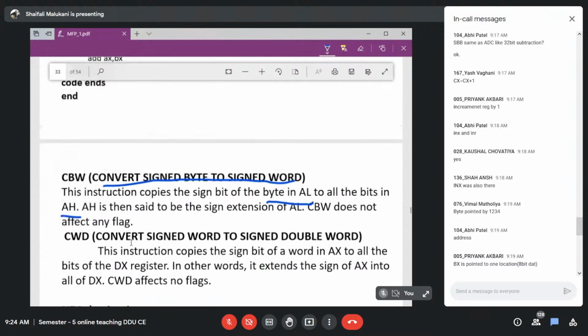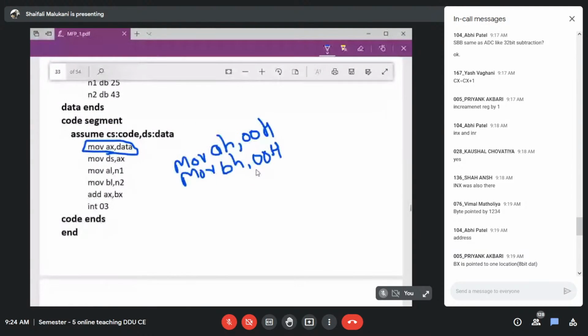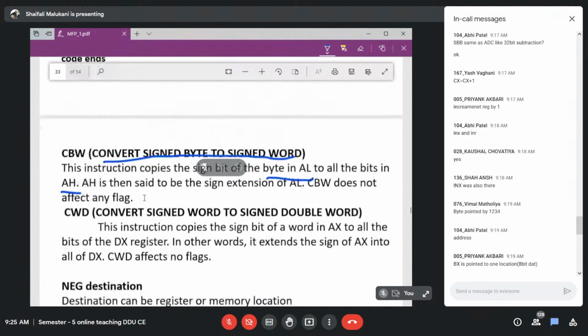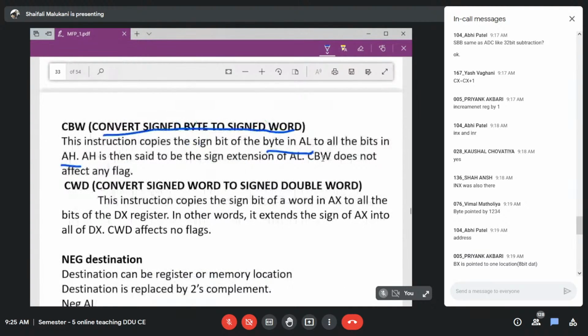The value of the addition will get stored in AL if I am writing AL, BL; otherwise with AX, BX, it is stored in AX. So are you clear with what it will do?